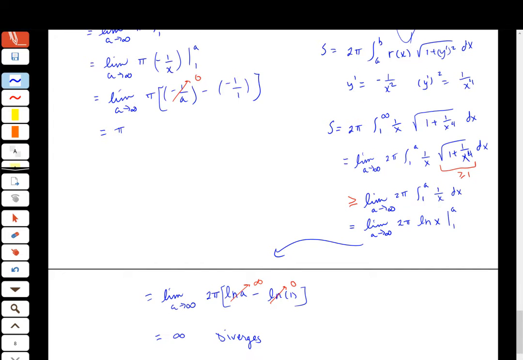In other words, if you have the integral of a and the integral of b, and you know a is greater than or equal to b, then you know the integral of a has to be greater than or equal to the integral of b. It follows that inequality, which is why I can just ignore it. What this is telling you is that this original arc length integral is bigger than infinity.